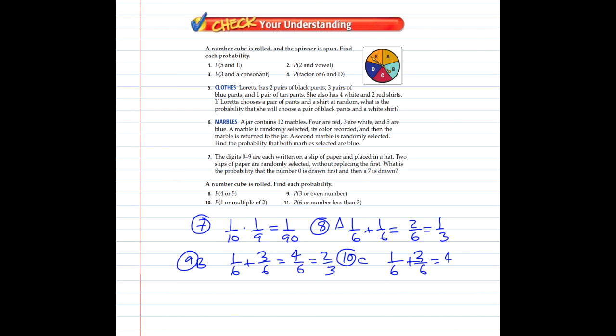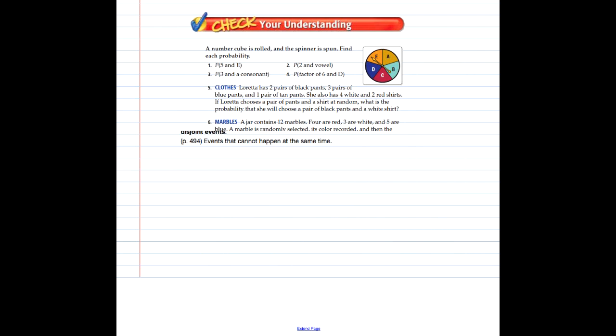Add them together. Gives me 4 over 6, which again simplifies to 2/3. And number 11, our last example. We want a 6. There's 1 in 6, or a number less than 3. That would be 1 and 2. So that's 2 out of 6. Add them together gives me 3 over 6, which simplifies to 1/2.